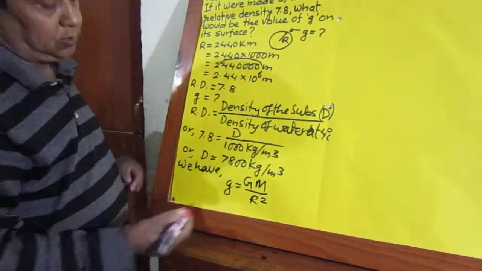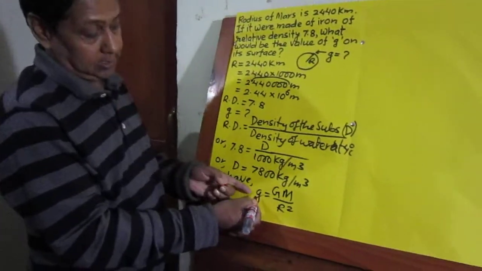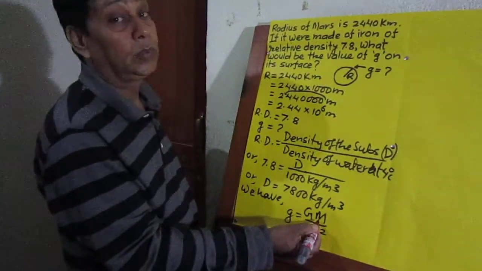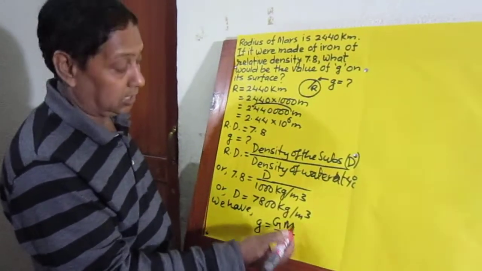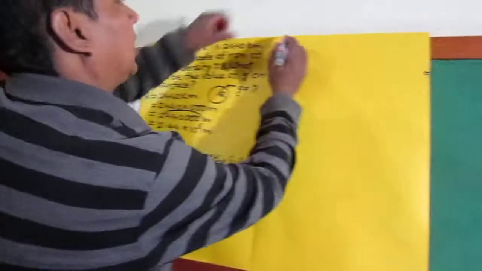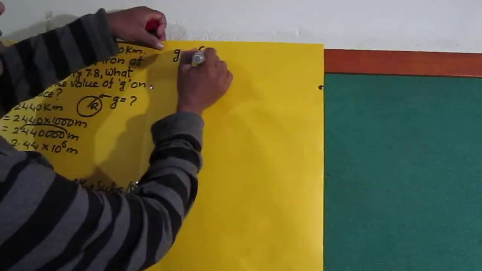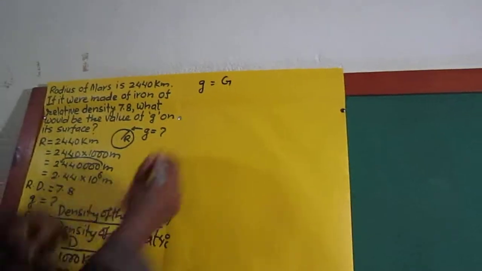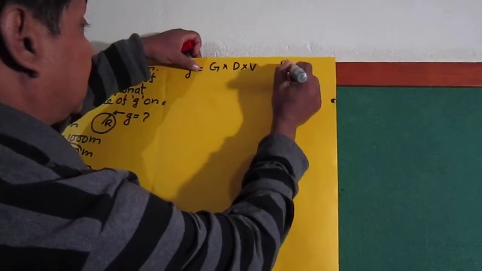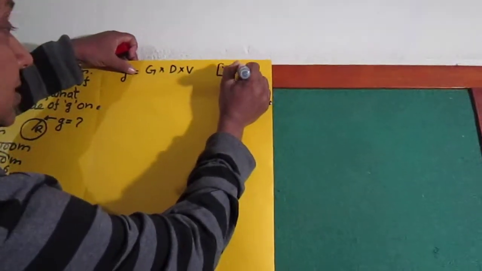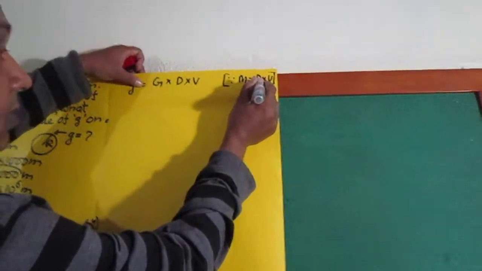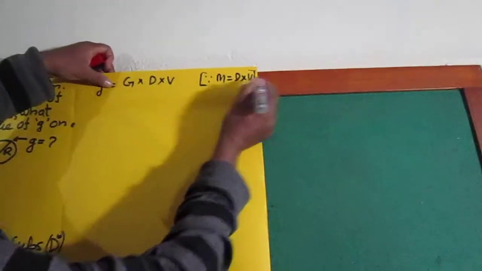This equation can be used to get the result, but the mass is missing, so we can put it this way: g equal to capital G, and in place of mass, I can write density into volume, because we know that density equal to mass by volume, that's why mass equal to density into volume.